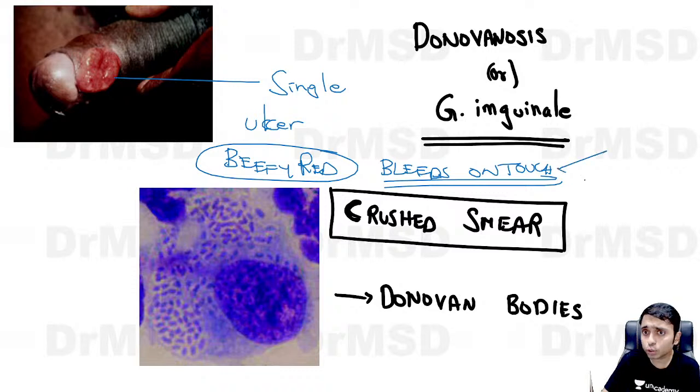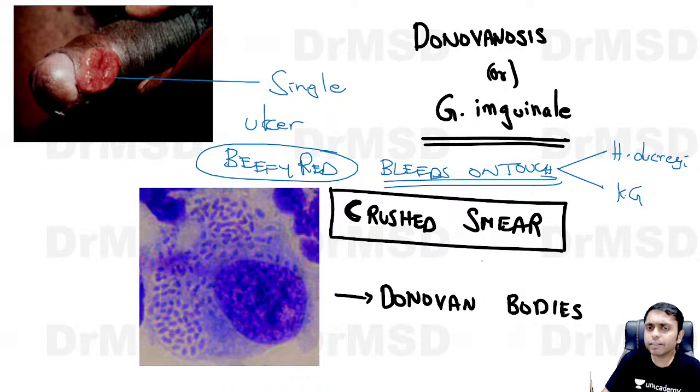This can also be seen associated with chancroid. A simple trick to remember this is the name of the organism causing chancroid is Haemophilus. So it will love blood. So that is the reason why it can cause the ulcer to bleed on touch. Haemophilus ducreyi. And of course this Klebsiella granulomatis.